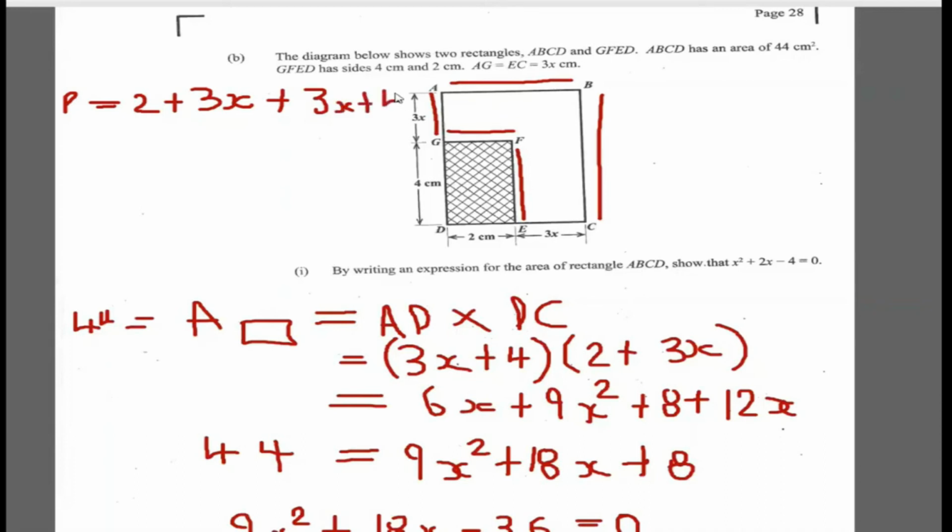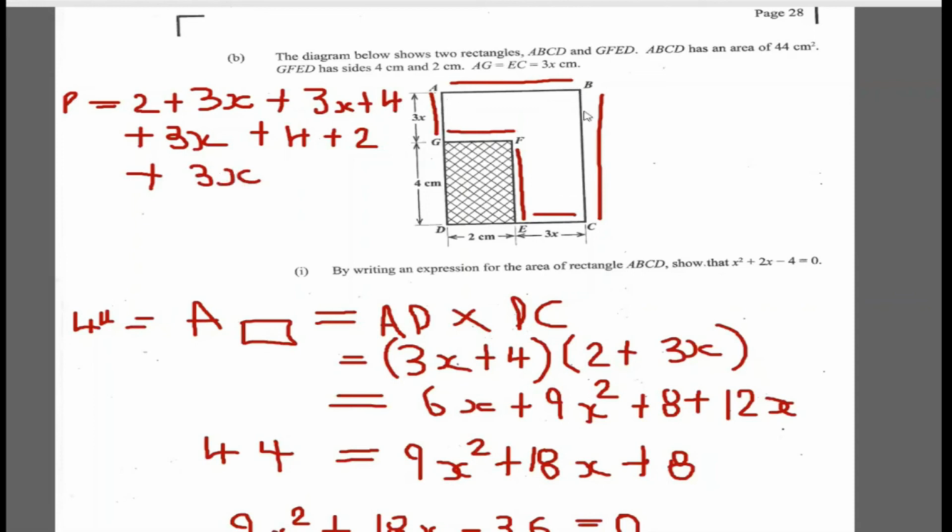I like to substitute after. Plus now EC, which is just 3x, plus EF, which is 4, plus FG, which is 2, plus AG, which is 3x. So that is the perimeter.